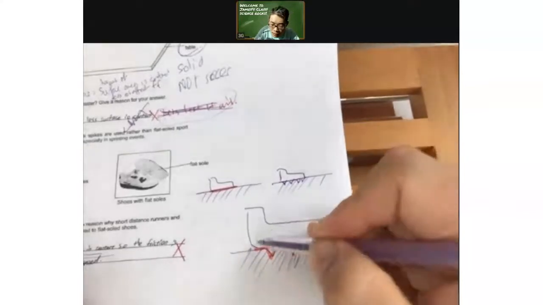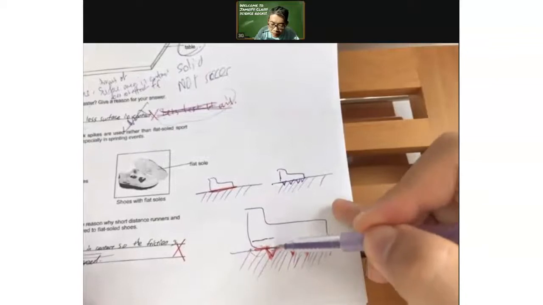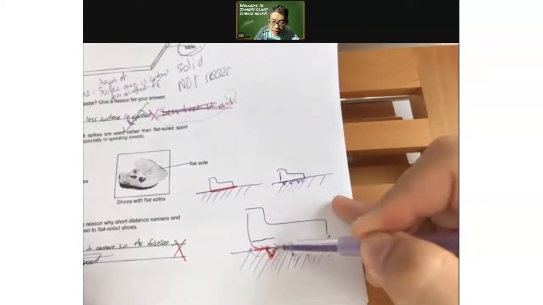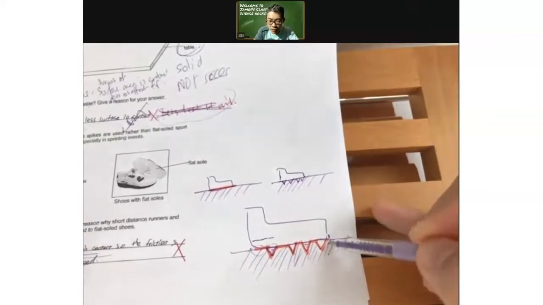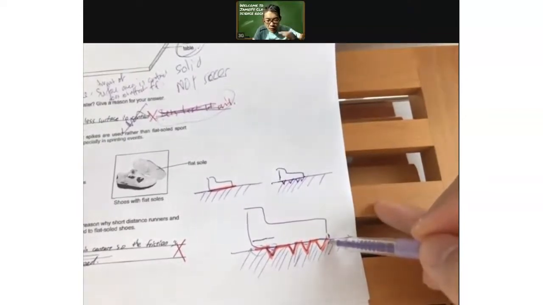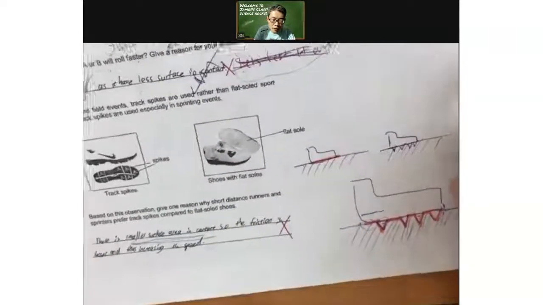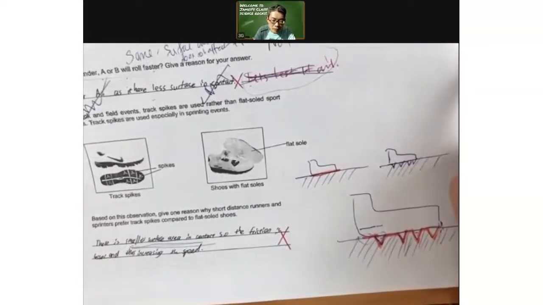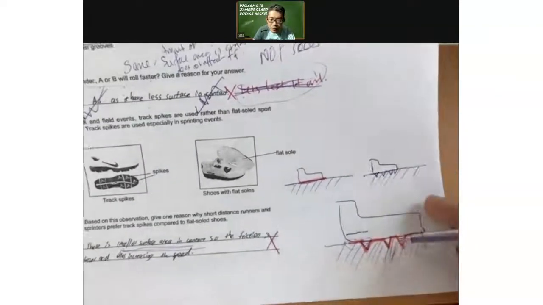Previously, the surface in contact is this part and this part here. Now it has increased to this. See this? Having spike shoes on surfaces that are softer allows the spike to go in, actually increases the surface area in contact and somewhat increases the frictional force. Okay, so it will provide better grip.